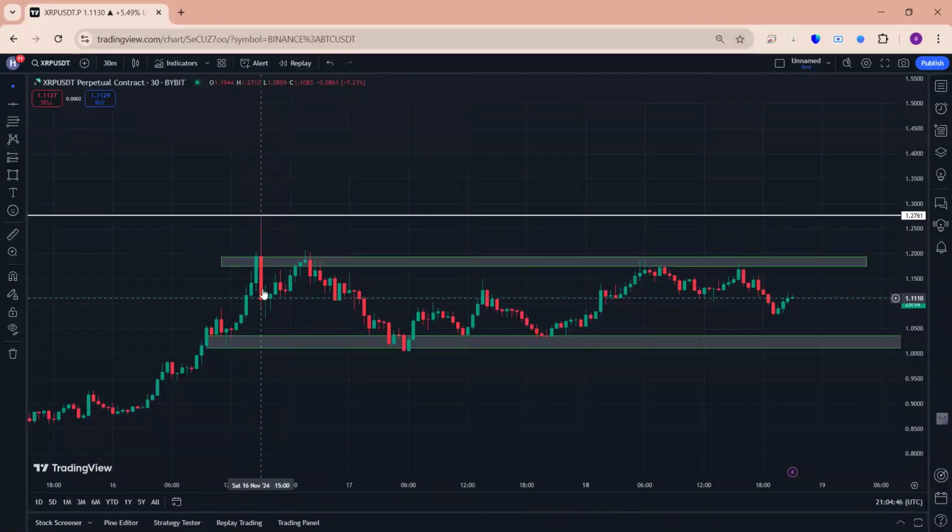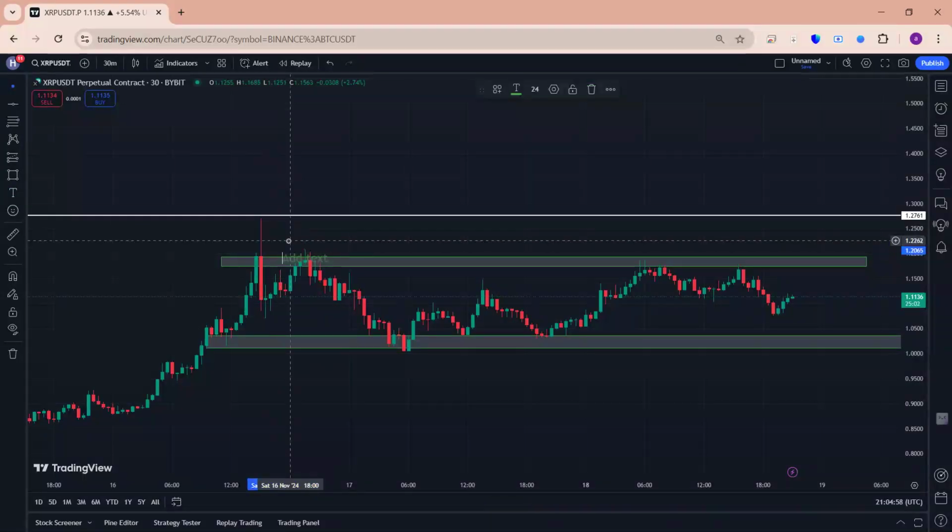A lot of people will be like, see, the moment the price is getting to this level, they would have placed their entry around this level. Let me write entry.